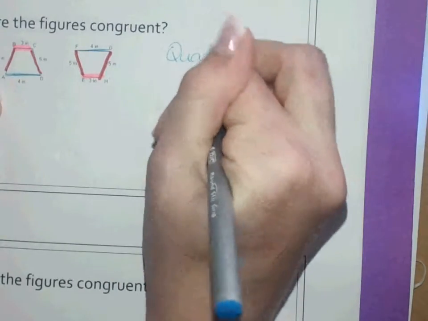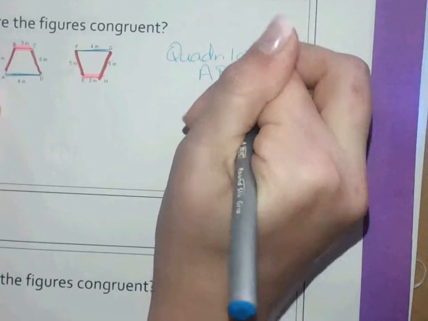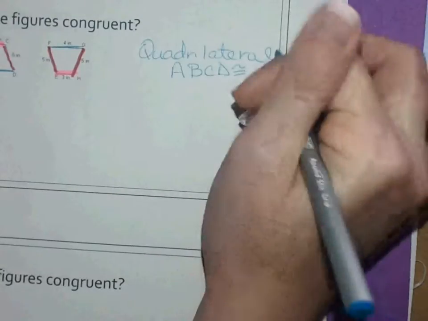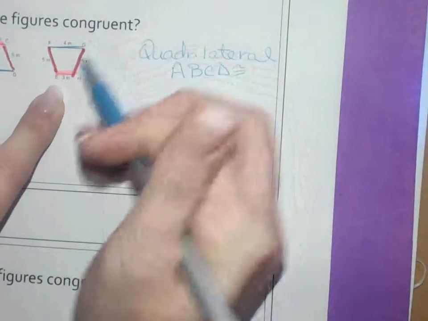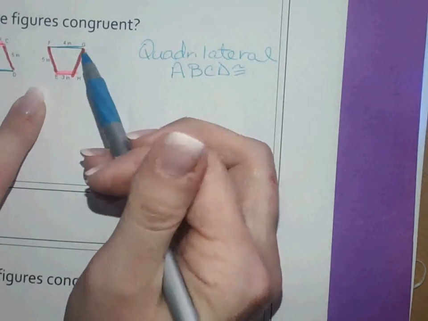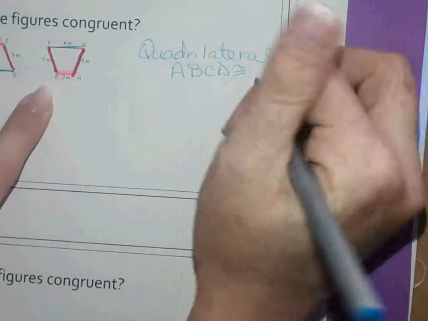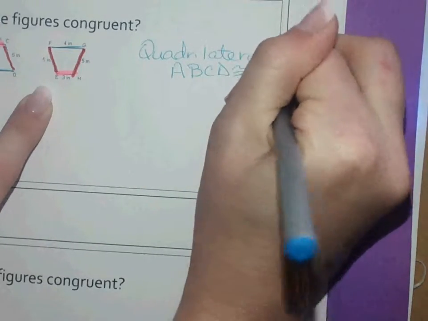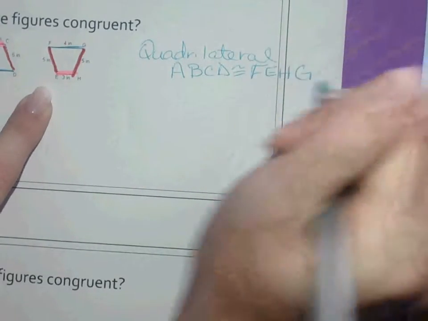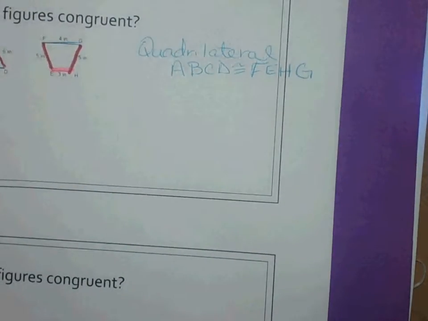Let's say ABCD is congruent to FEHG. So we can do that one.